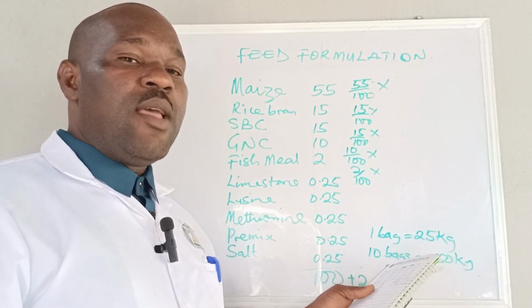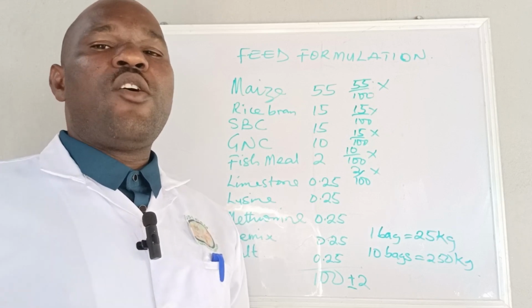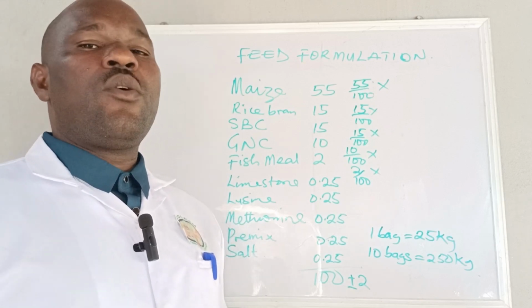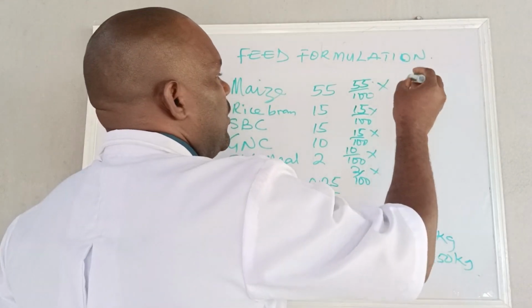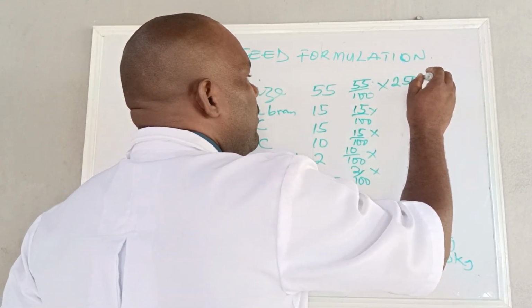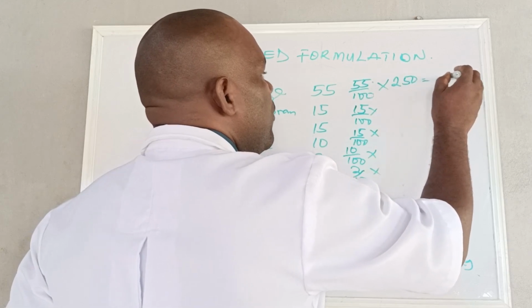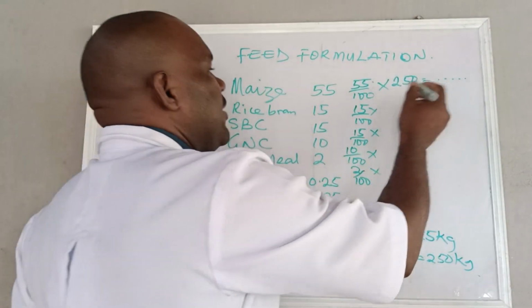That depends on your pocket or the quantity of animals you have in stock. Now, you say 55 over 100 times 250. Whatever you obtain from there gives you the quantity of maize required. Keep it there.